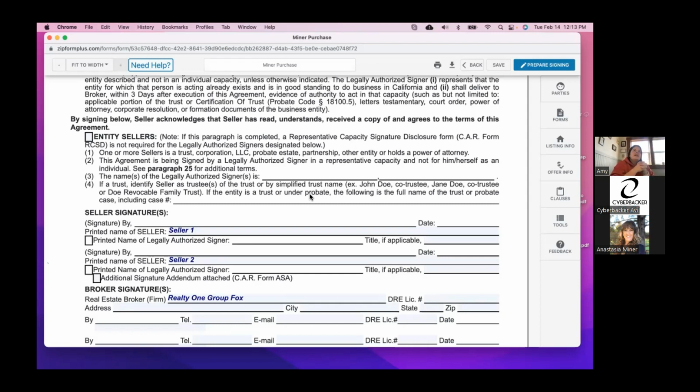If it's an attorney in fact type situation, or somebody has a power of attorney, we would list the original seller's names in the seller's lines. If it's a trust, the seller can be simplified by putting, instead of having to put the John and Jane Doe Family Trust, we can just put the sellers as John Doe co-trustee and Jane Doe co-trustee, whoever the trustees are of that trust. We don't have to put the seller's name as the actual trust. Okay, that's the only time where we don't do that.